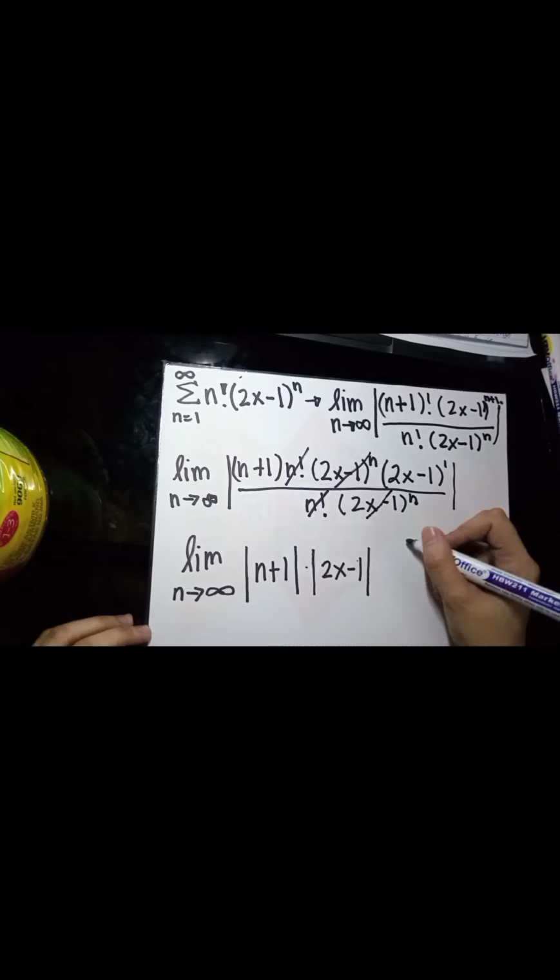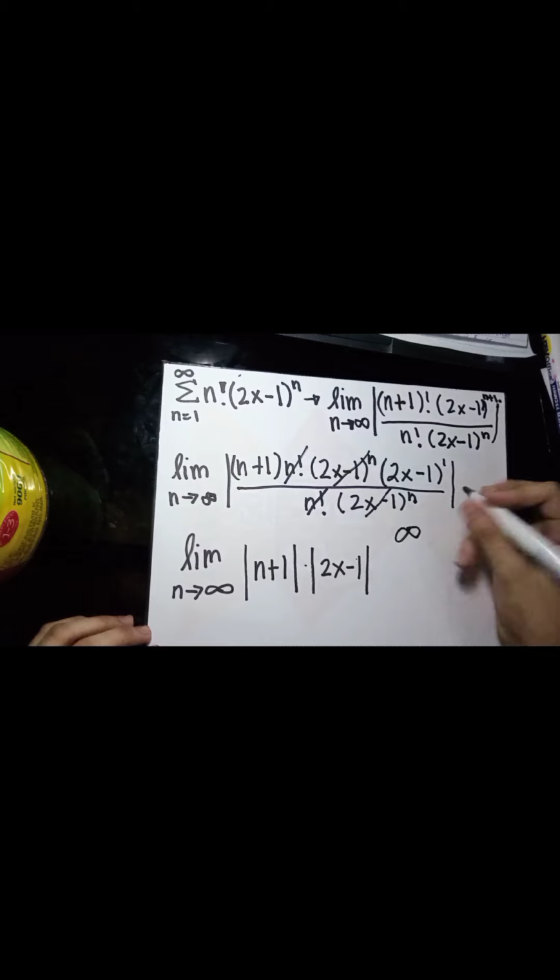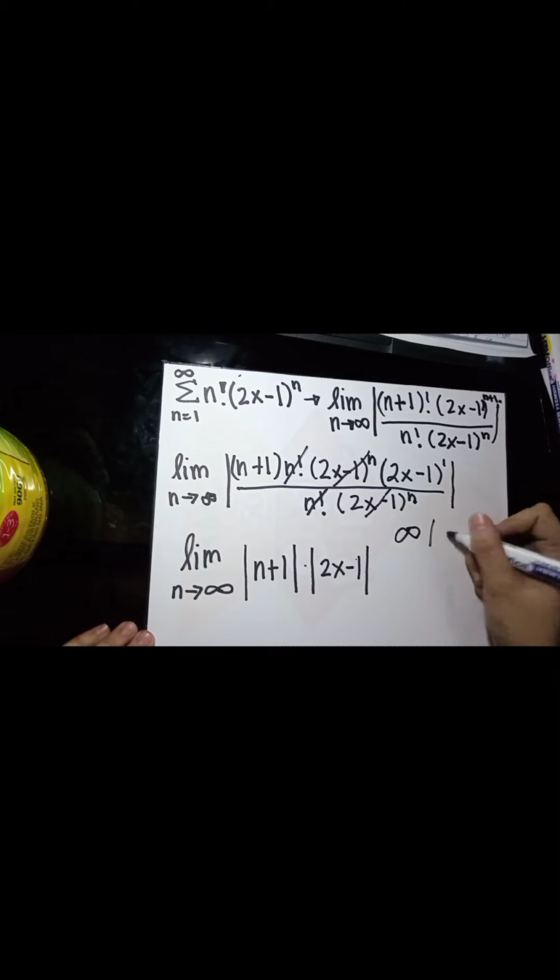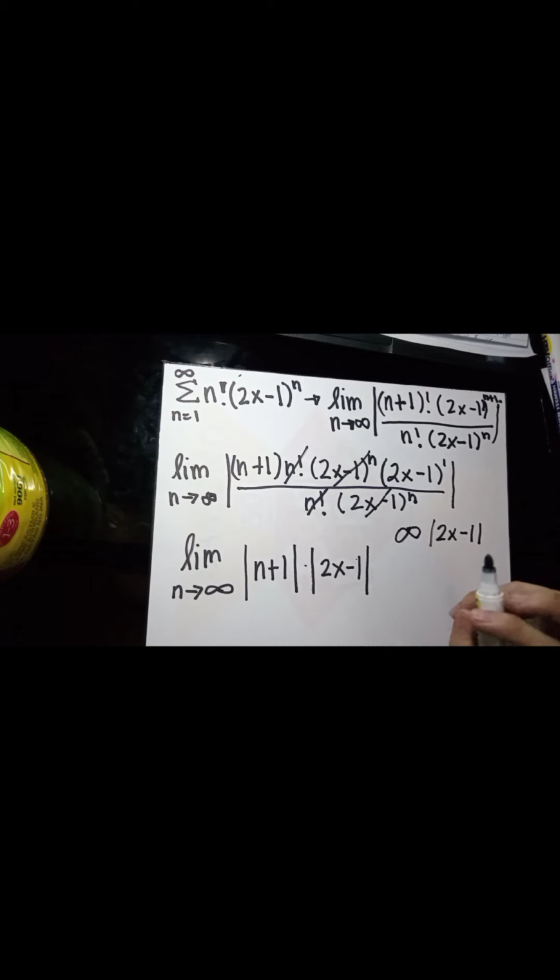So what happens when n goes to infinity and n plus 1 also goes to infinity? Infinity times 2x minus 1. So how can we find where the power series is centered, and what is our c value?